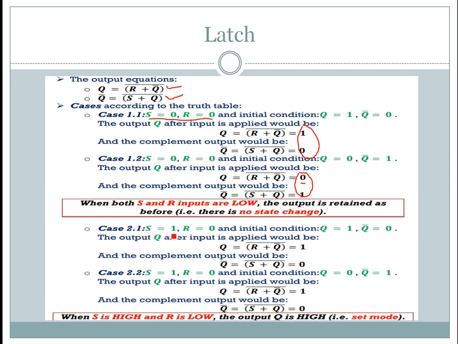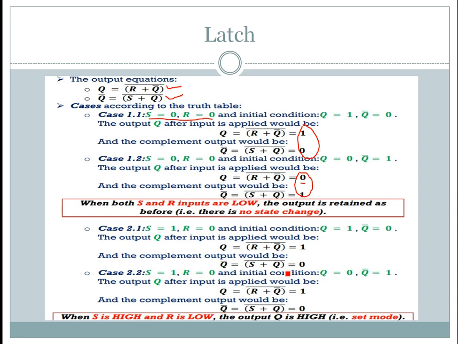That is S equal to 1, R equal to 0 now. That means the set input is 1 and the reset input is 0. We'll consider the initial condition Q equal to 1, Q bar equal to 0. Put these values in the expression to get the next state value: Q equal to R plus Q bar whole bar. R value is 0, Q bar value is 0, so 0 plus 0 whole bar becomes 1.